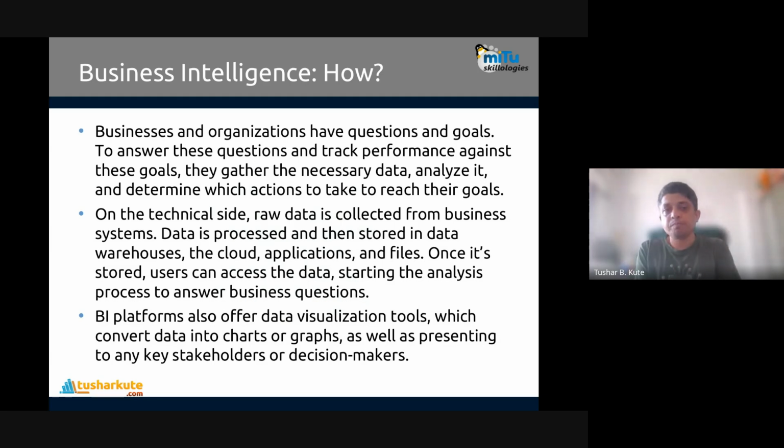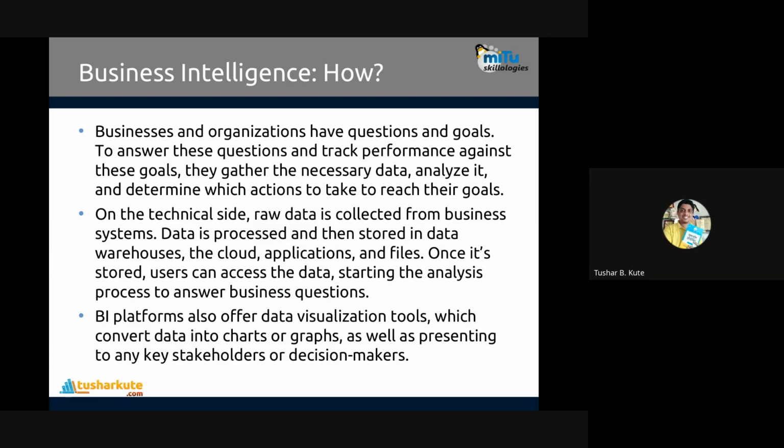How exactly is it followed? Let us see. Business organizations have questions and goals everywhere. Questions means reasons, why this has happened, and goals means where we have to reach, what outcome you are focused on, what you have kept in your mind. Both things are there. So to answer these questions, we track performance against these goals.